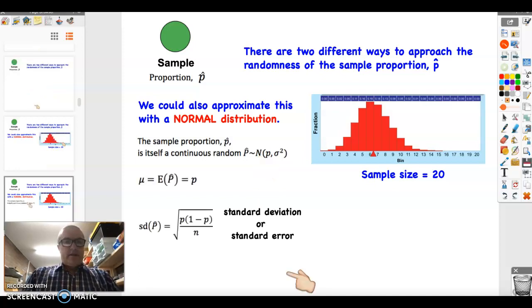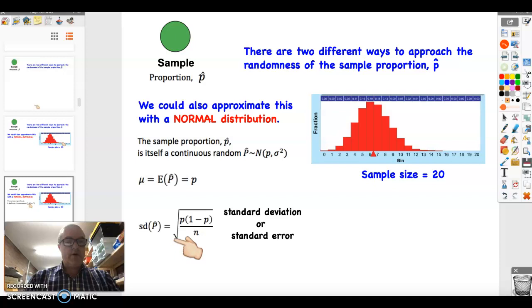If we're going to define something as being normally distributed, it needs to have a mean and a standard deviation. The mean is our expected value of p hat, the population proportion, and we have a formula for the standard deviation. And in this topic, another word for that is the standard error.